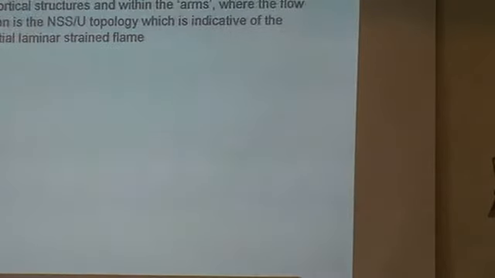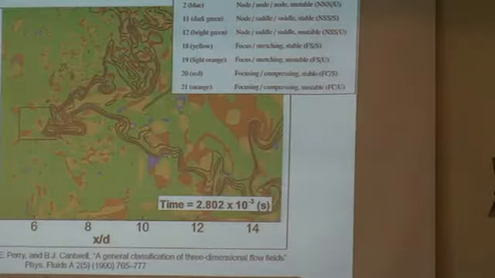So some comments about this. The regions where the Q invariant is below zero, so strain dominated, are found outside the center of the vortical structure and within the arms, where the flow classification is this one, NSSU, so non-saddle, saddle, unstable.